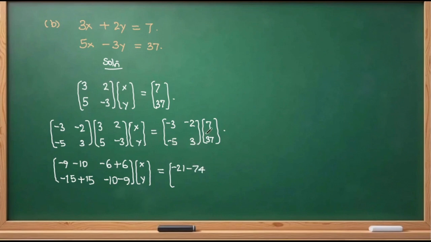Then negative 5 times positive 7 we get negative 35. And then 3 times 37 will get us 111, and that is positive. So 111 is the result.